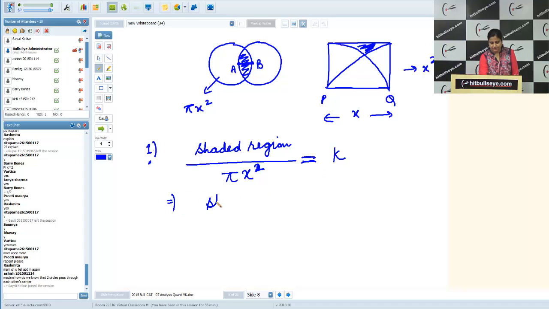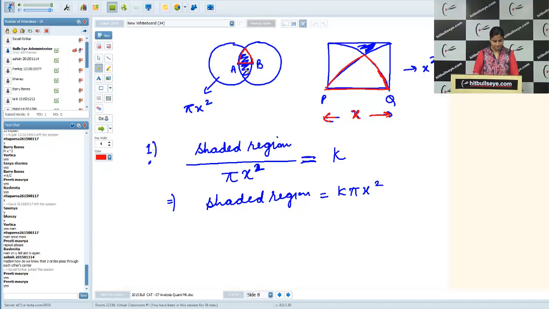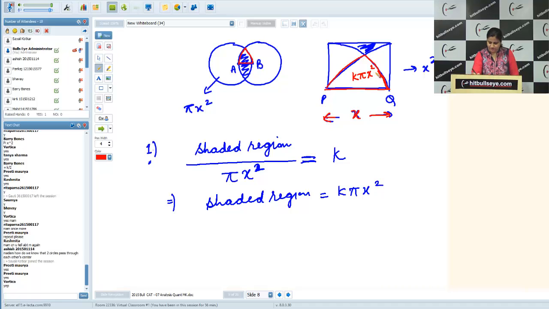So can you say this shaded region in figure 1 will be k times pi x square? Now once again, can you say this shape and this shape, they both are similar, with the same radius? Can you say this, Preeti? Ashish, that is mentioned in the question only, that A and B, they both are centers.